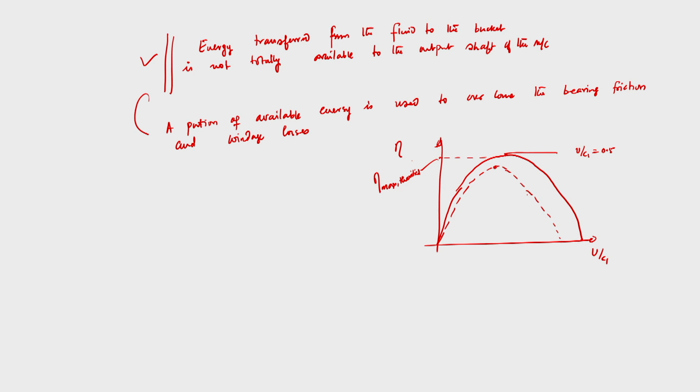So this is U by C1 equal to 0.46, the actual curve. The theoretical value 0.5 is obtained from maximum wheel efficiency, but because of the bearing friction losses, windage losses and losses in the nozzle itself, the speed ratio at which maximum wheel efficiency is obtained reduces to 0.46.